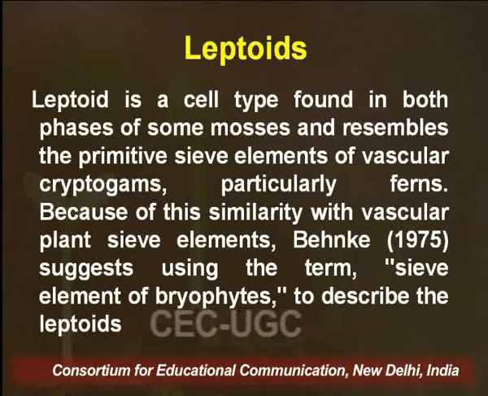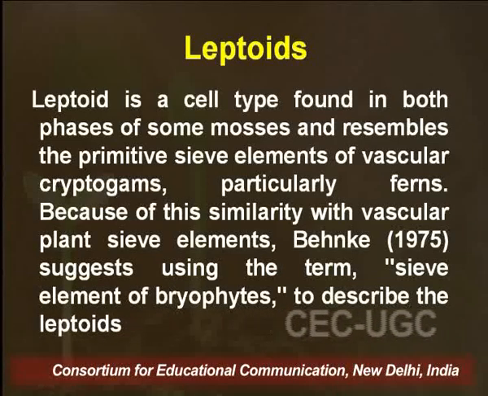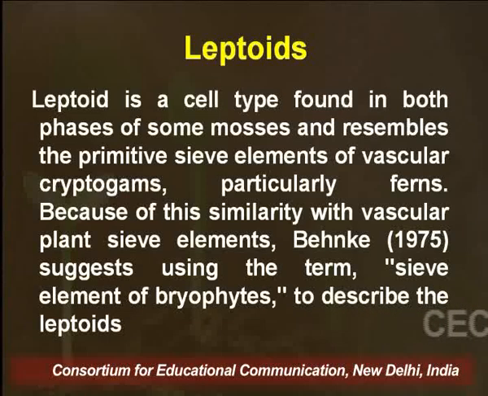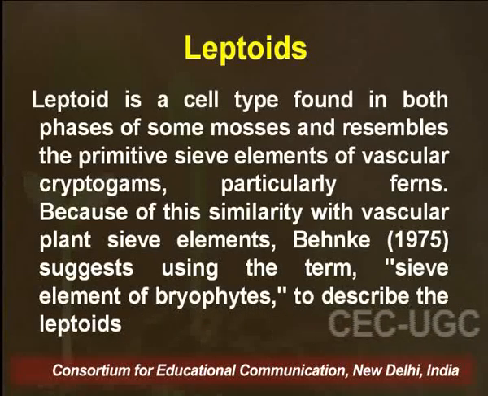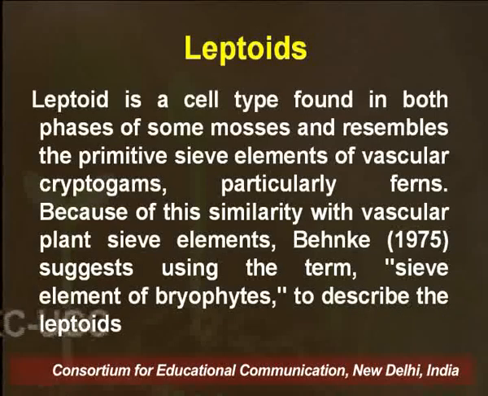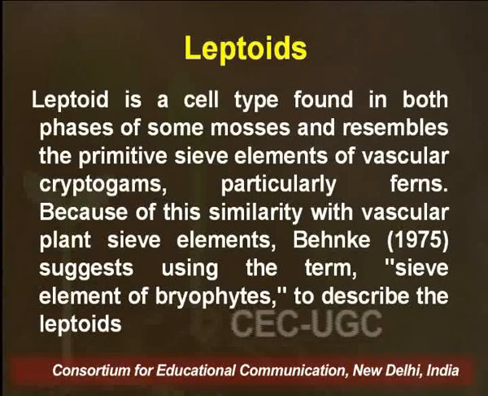Because of this similarity with vascular plant sieve elements, Behnke suggested using the term sieve element of bryophytes to describe leptoids, although the developmental processes of the sieve elements and leptoids are completely different.